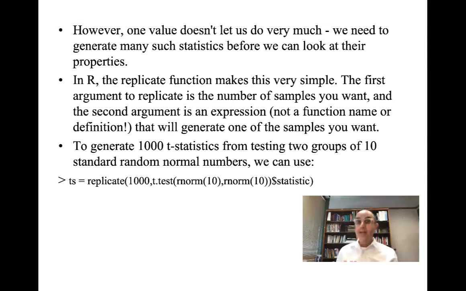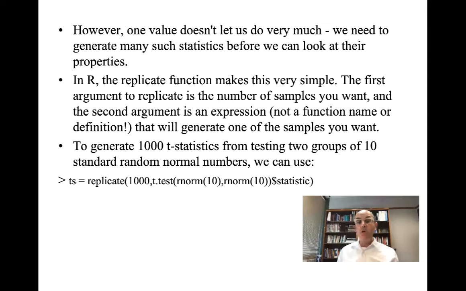In R, the replicate function makes that very simple. So what we will do in this case is generate 1,000 t-tests from testing two groups of 10 standard random normal numbers.